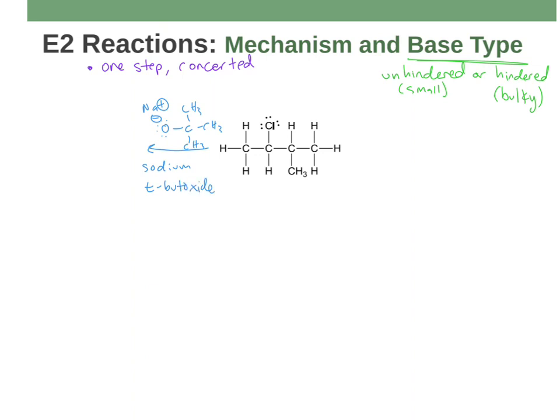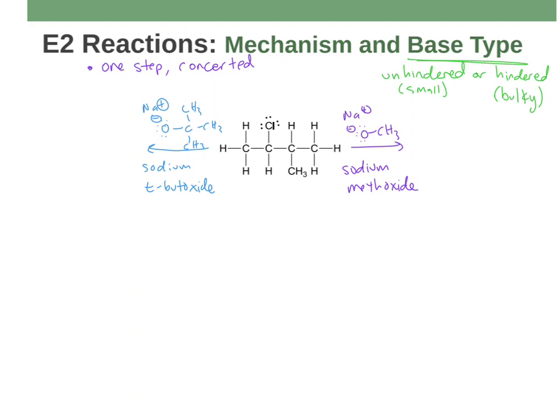Because that carbon attached to the O is a tertiary carbon. Or let's say instead I'm going to use a different base. Let's say I use, in this case, sodium methoxide. Methoxide, because there's just a methyl group on the oxygen.